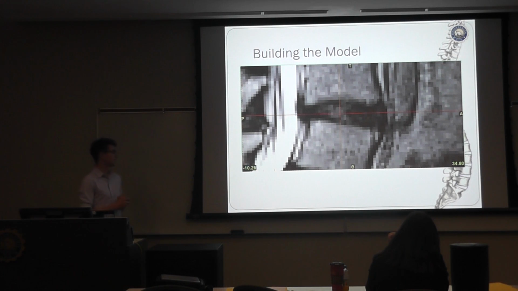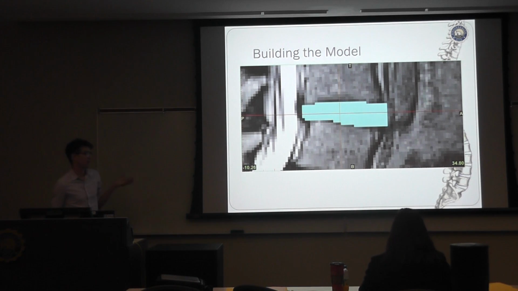It's a little bit pixelated, but if you can see, these are the two vertebrae, and the dark image in the middle is the disc. So you had to go through pixel by pixel and decide logically where the vertebrae ends and where the disc begins. Once you go through that, you might have something that looks like that.